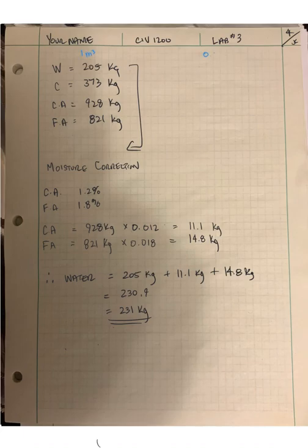This is for 0.03 cubic meters. Our actual water content is going to be 231 kilograms. And if we multiply that by 0.03, we get 6.93 kilograms, and so on and so forth. So we would multiply this by 0.03 to get our value over here. And I'm going to leave that for you guys.